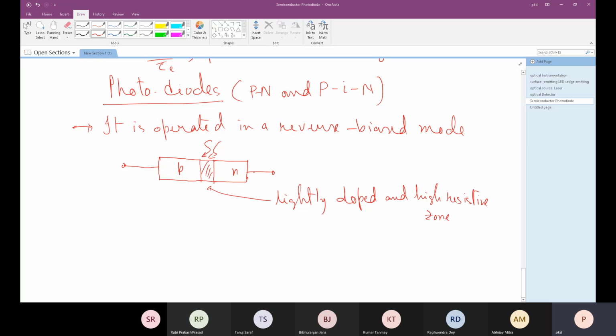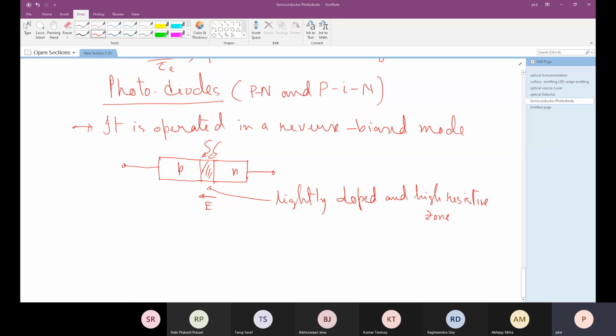So if we apply reverse bias, the electric field will mainly appear across this high resistive layer, because compared to this layer, the resistance of the heavily doped p-type zone and the n-type layer both have low resistance, so therefore the electric field will appear across this zone.